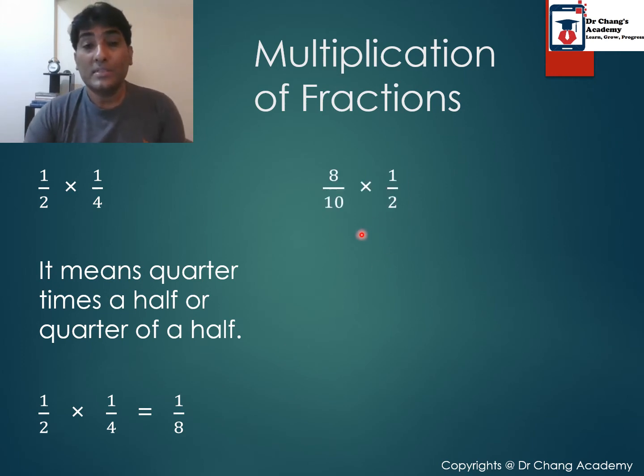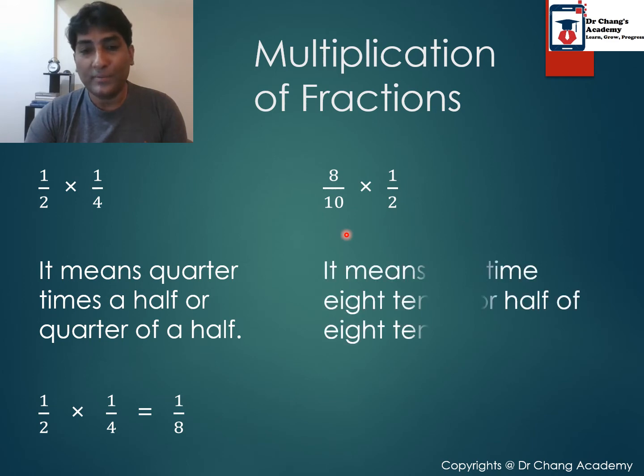Let's look at this example. Half of 8/10, or 8 over 10 multiplied by 1 over 2, what it actually means is half of 8/10, or half times 8/10. If we understand conceptually, we can say half of 8/10 is 4/10, because there are 8/10 here and 4/10 is going to be half.